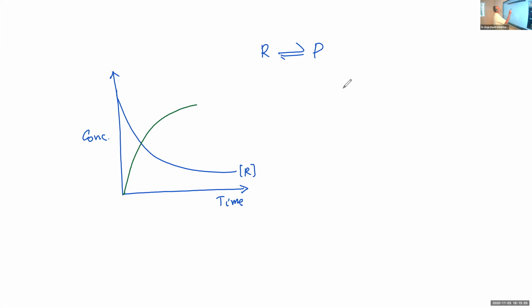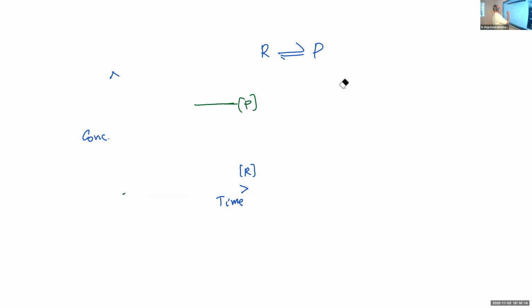And when time goes on, the concentration of the product increases. And after the equilibrium, we can draw the sketch again, say like this.